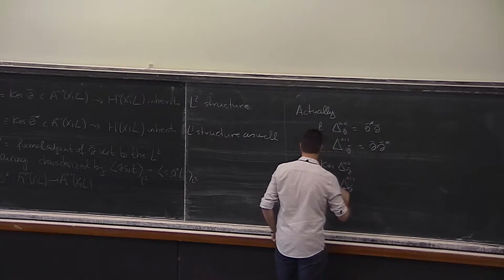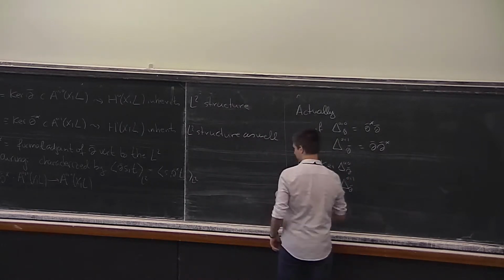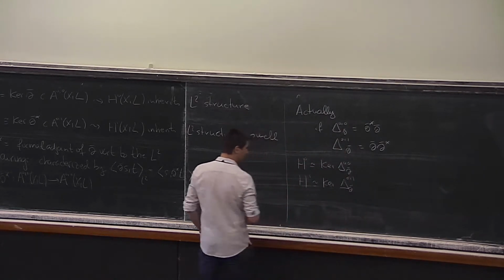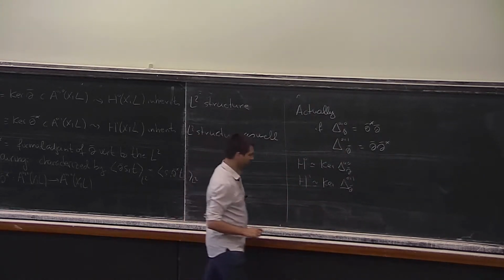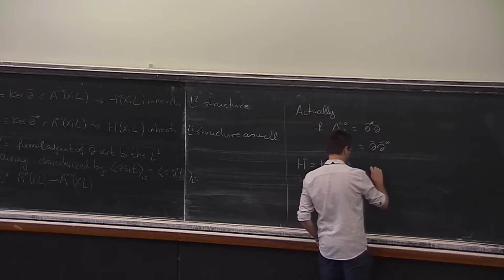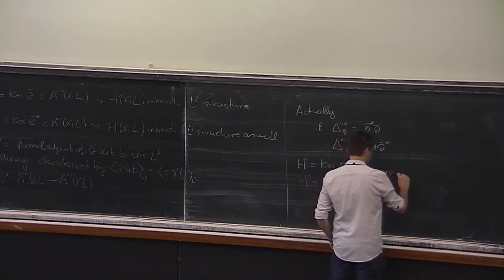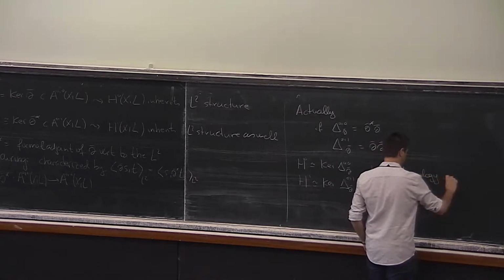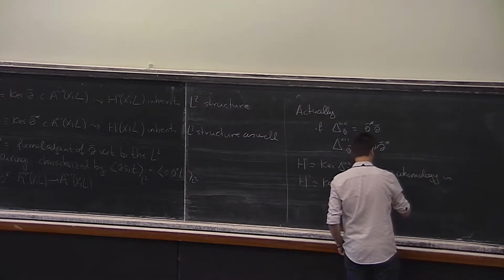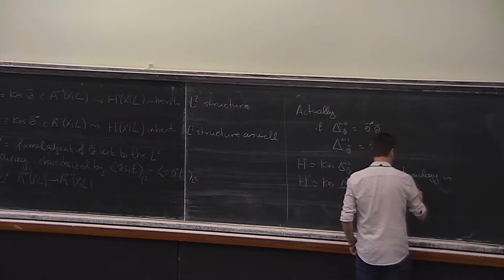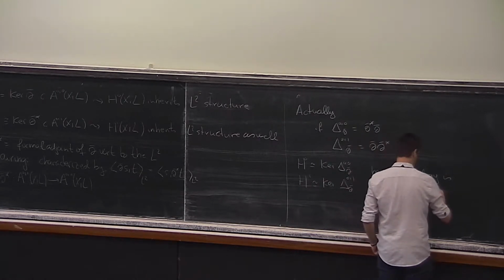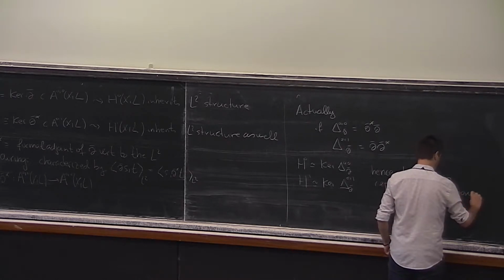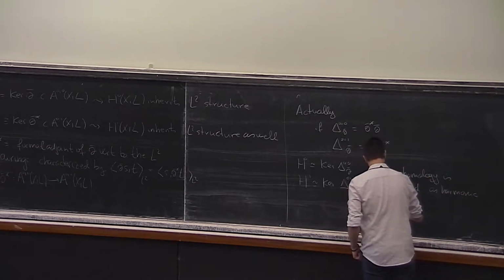So this is easy to see from the adjointness of this operator. So these are harmonic sections. So hence we got cohomology represented as harmonic L-valued forms.